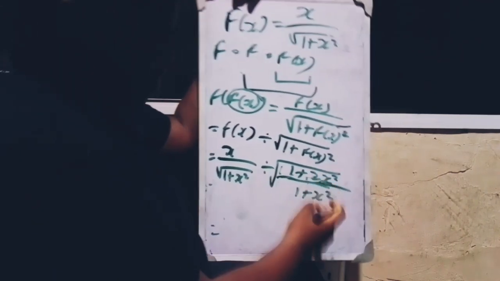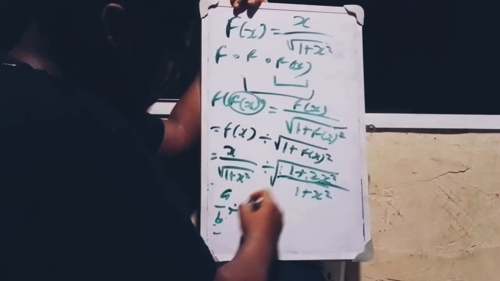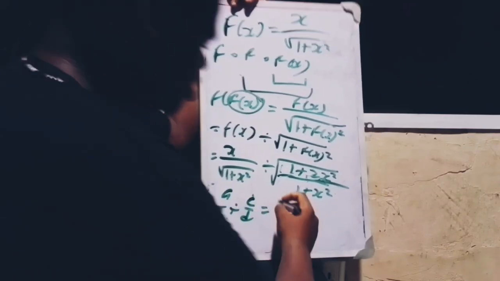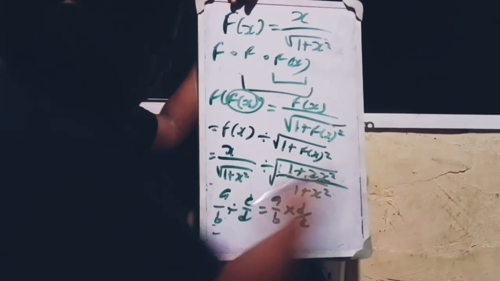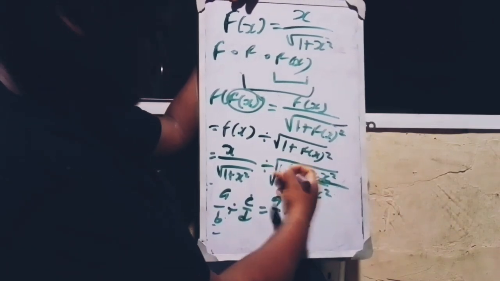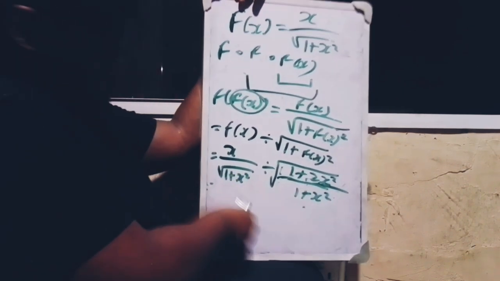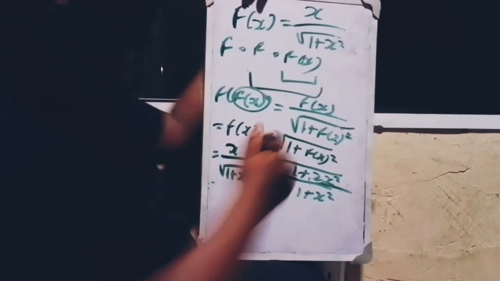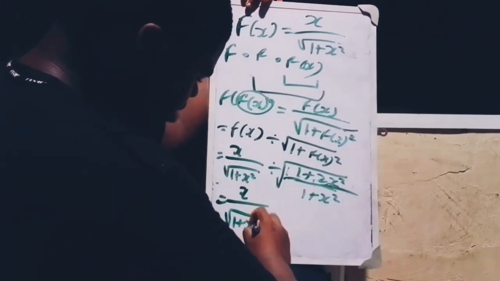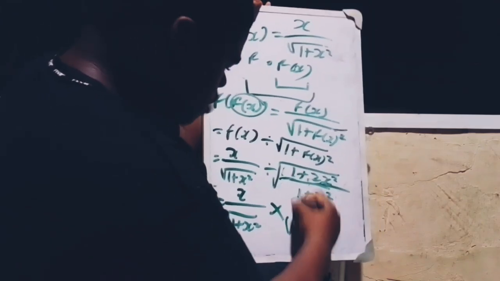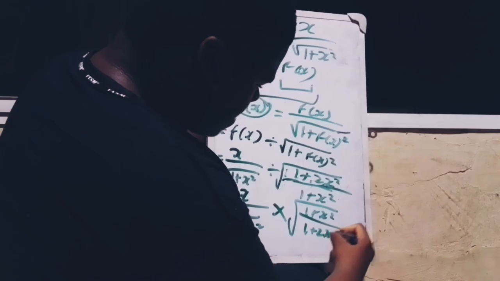This division sign here will flip whatever is on the right hand side. Remember, if you have a divided by b divided by c divided by d, this equals a divided by b times d divided by c. Whatever you have behind the division will flip, and that division will change to multiplication. Okay? So here this is equal to x divided by the square root of 1 plus x squared, times the square root of 1 plus x squared divided by 1 plus 2x squared.